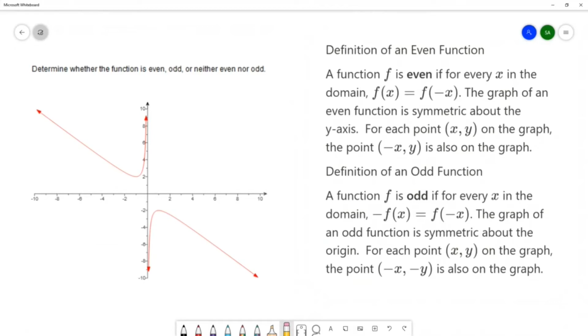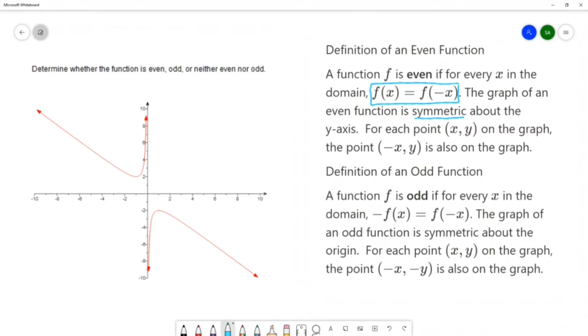So let's think about the definition of even first. The definition of even is that when you have a function, it needs to follow this pattern, this formula. In this definition, it says f of x equals f of -x. And essentially, this is talking about symmetry, but using function notation.